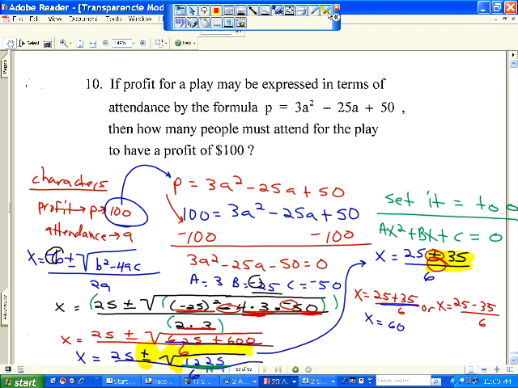So x is equal to 60 over 6, which is 10. Or x is equal to 25 minus 35 is negative 10 over 6 is negative 5/3. So x is equal to 10, or x is equal to negative 5/3.